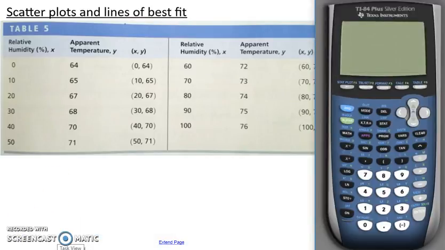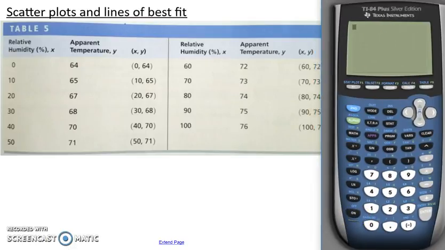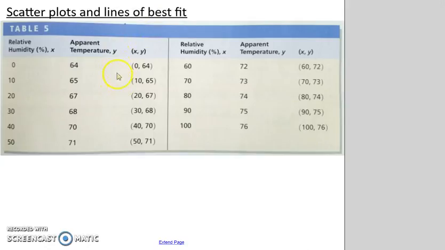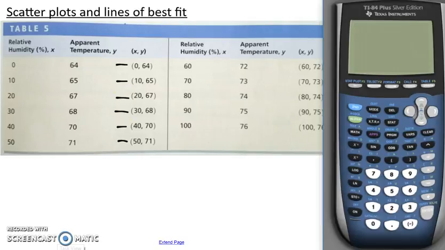You can do it on paper. But in the calculator, I might need to slide this over. Okay, if I want to draw a scatter plot, the calculator needs to know my data. At this point, the calculator hasn't read this, it can't read. What we have to do is tell the calculator the data. So to do that, I'm going to add it.